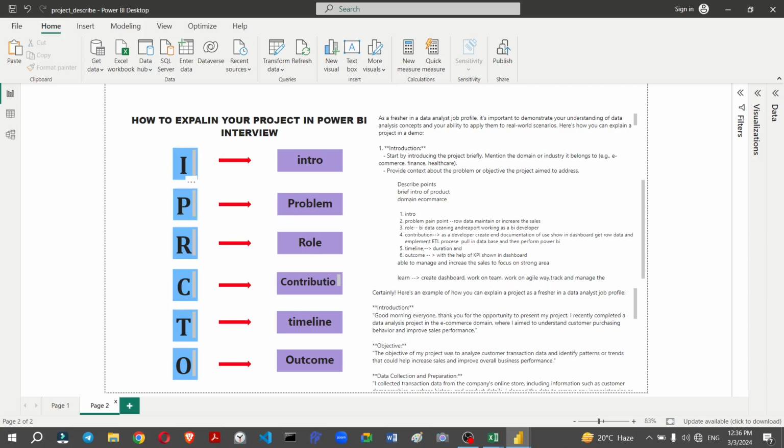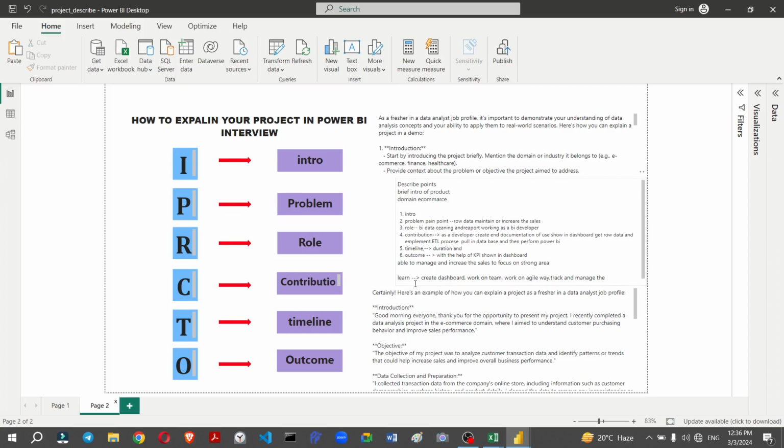The second is the problem. What is the problem here? The company has a large amount of data stored in their database, but they don't know how to use this data to visualize and increase their overall performance.